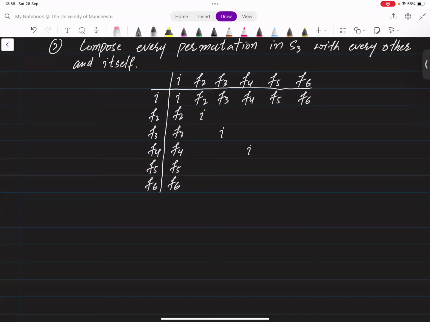Okay. But if you compose F2 with F3, you know that was F5. Similarly, if you compose F3 with F2, you know that was F6. Right?